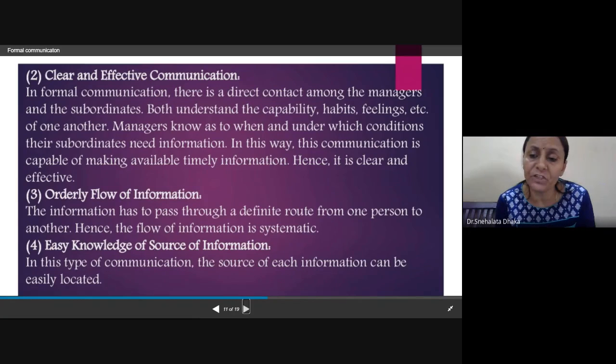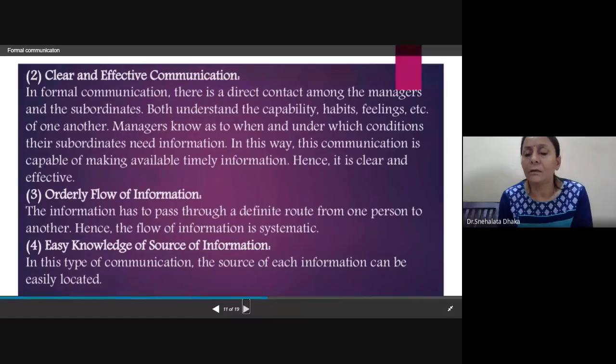Then we go for the features, then in what directions formal communication happens, and finally the beneficial and limiting aspects of formal communication. This is the organization of the information. This also requires a lot of skill, a lot of exercise, a lot of expertise. Then only that particular communication can convert into effective communication.